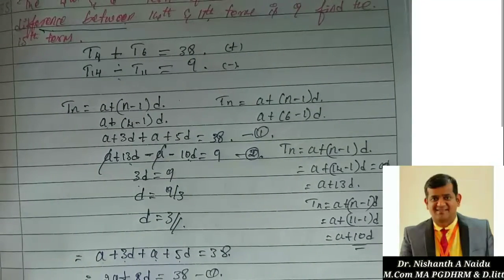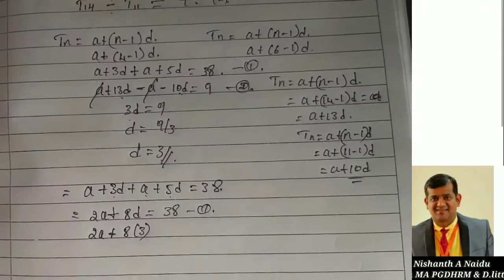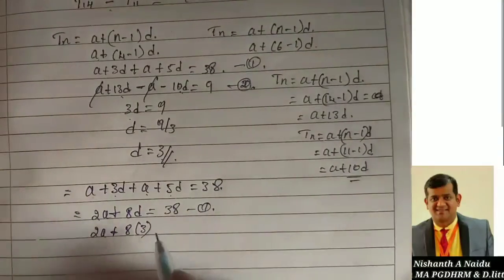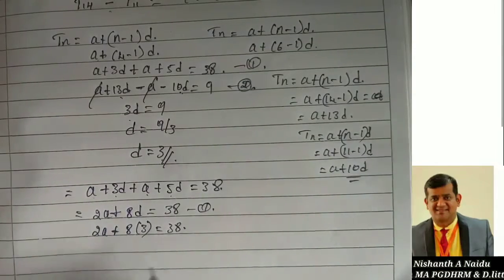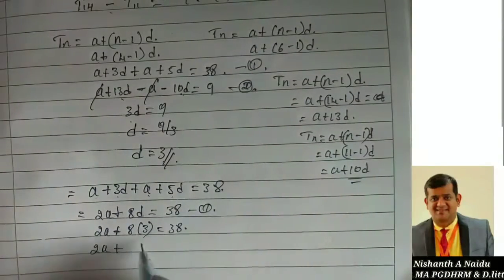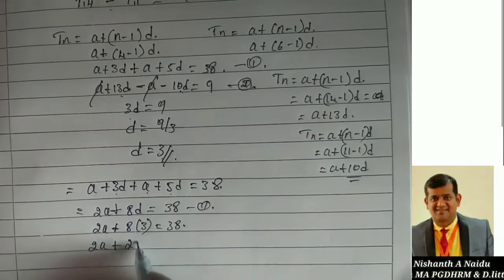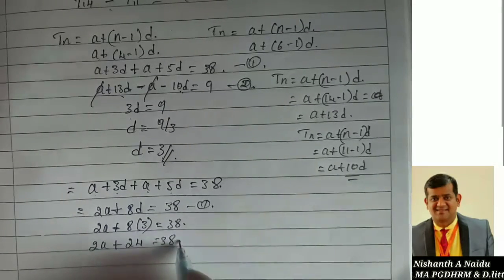Now by simplifying this, 2a plus 8, the d value is 3, so that equals 38, correct? So now 2a plus 8 times 3: 8 ones are 8, 8 twos are 16, 8 threes are 24. That equals 38.